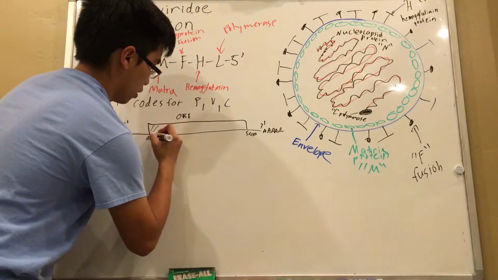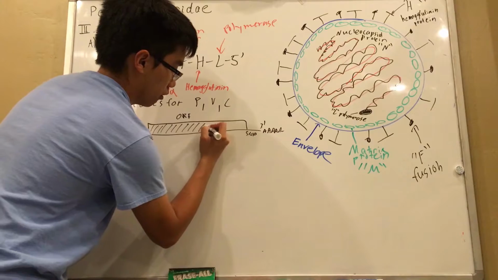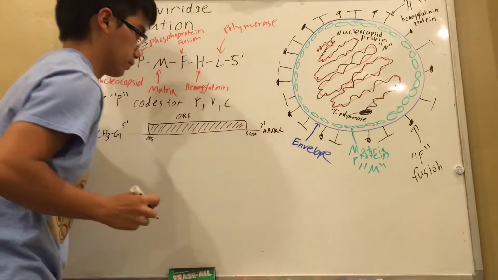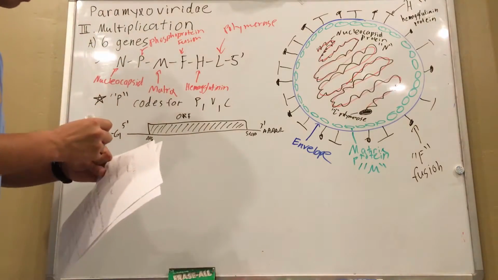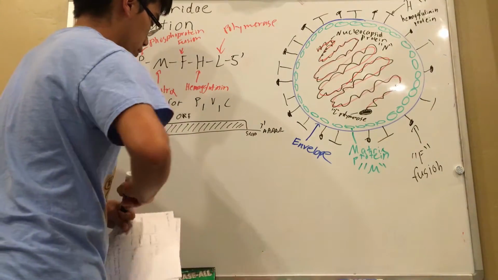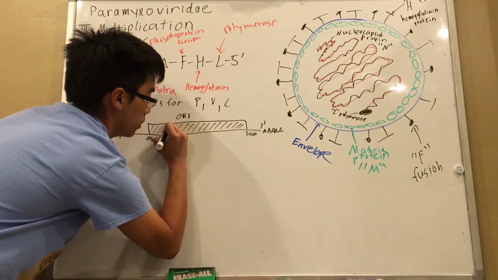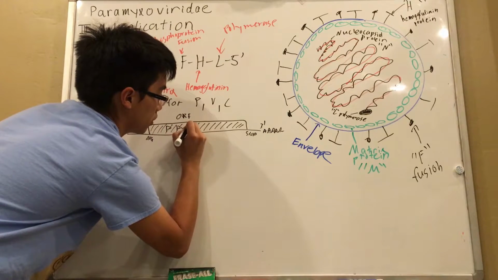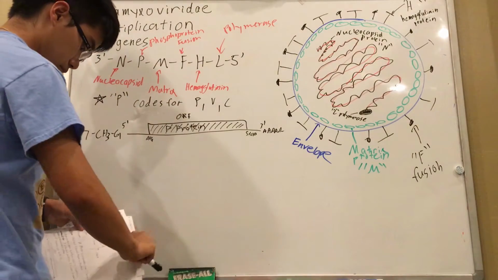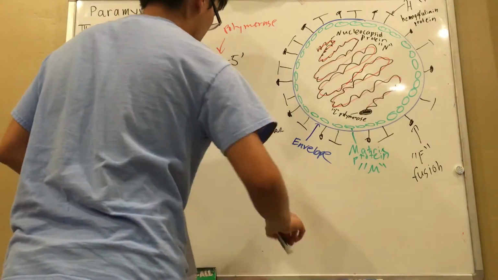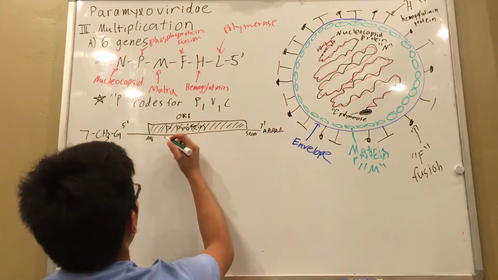In black, if you translate that region, you get P protein. But I'm going to use green for this.